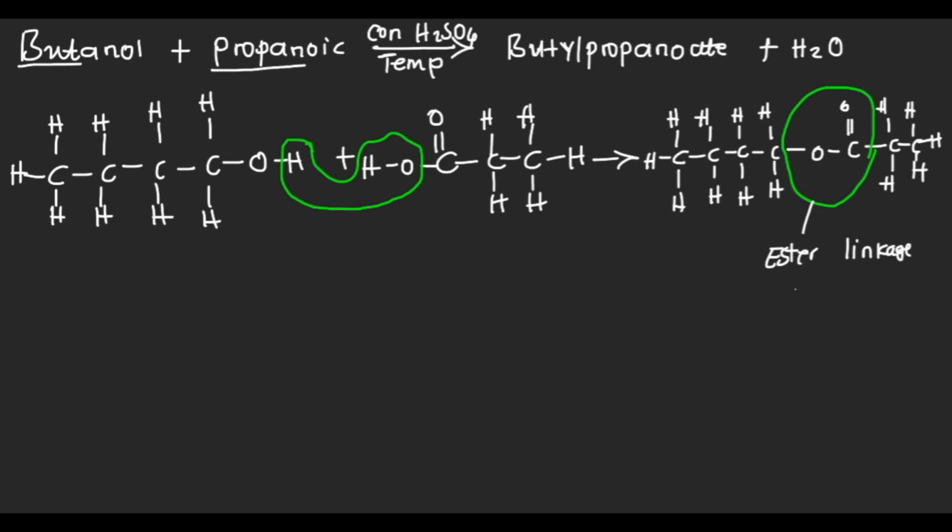Now from this ester linkage we can see that the formula for this linkage is just COO. So this is how we can first name the ester given the alcohol and the acid part, and also how we can draw its structure.